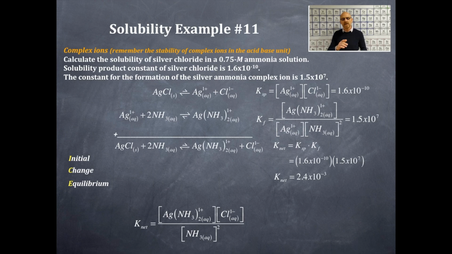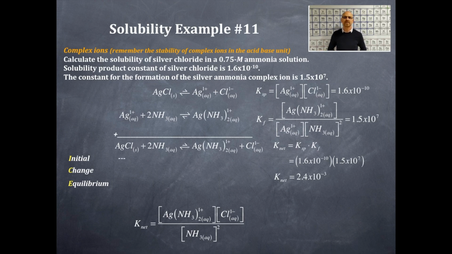This means that you're going to take some of the silver chloride and now it's going to be pulled out, the silver chloride solid is going to be pulled out of its precipitate and go into solution with the formation of the silver complex ion. So it's shifting the reaction to the right. Even though it is still reactant favored, it is shifting it to the right.